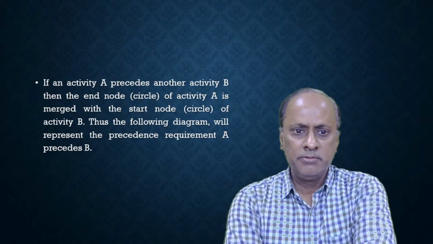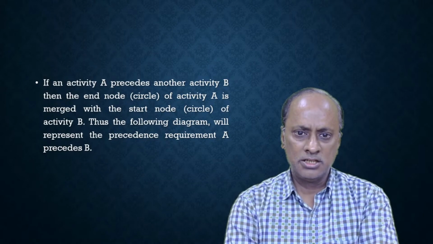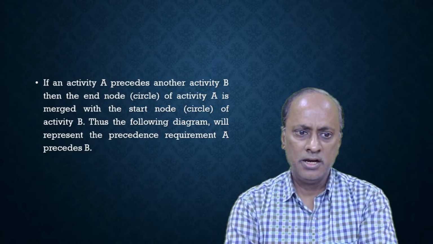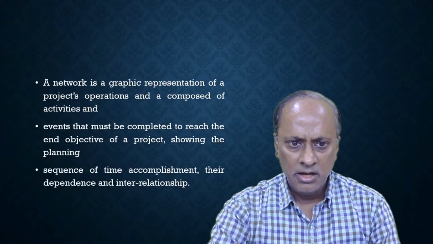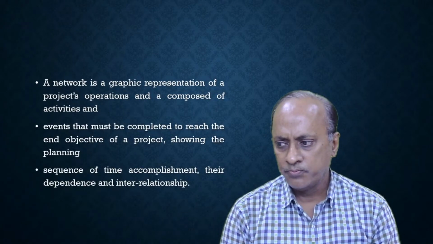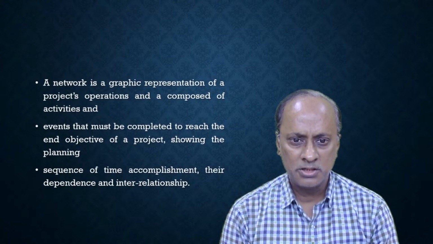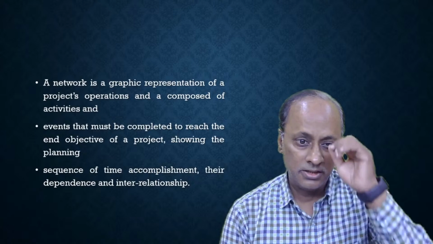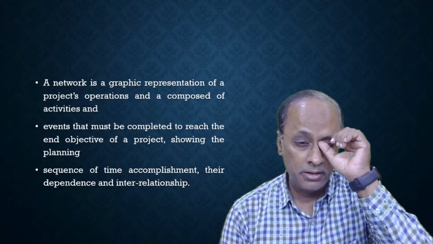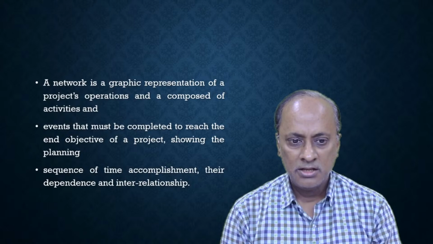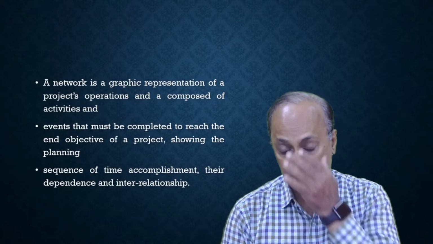So that means when such a condition is there, then the end node of activity A is merged with the start node of circle activity B. A network diagram. What is a network diagram? A network diagram is a graphic representation of projects, operations, composed of activities and events that must be completed to reach the end objectives of a project, showing the planning and sequencing of time accomplishment, their dependence and interrelationship.